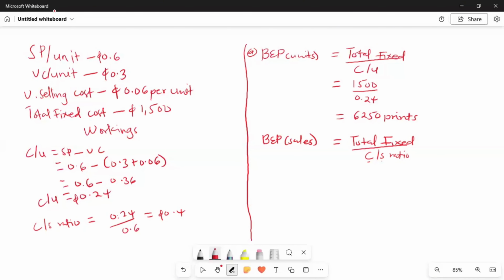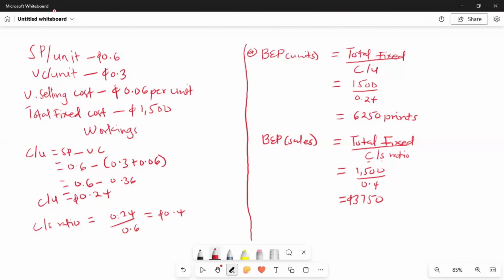So if you have a contribution sales ratio, then we can put it in our formula. Our total fixed cost is 1,500 divided by 0.4, which is going to give us 3,750 Ghana cedis. Since this one is sales, remember to bring your cedi sign.